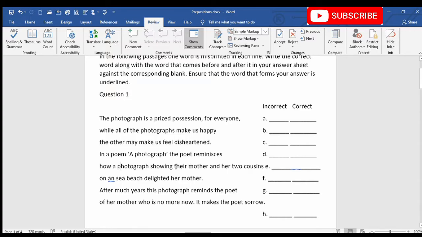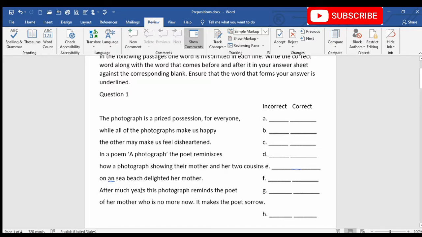This word, there, I think, is the wrong word. This word will change to her mother. Okay? This word is going to change to her mother. How a photograph showing her mother and her two cousins. Then again, shift to the next line.